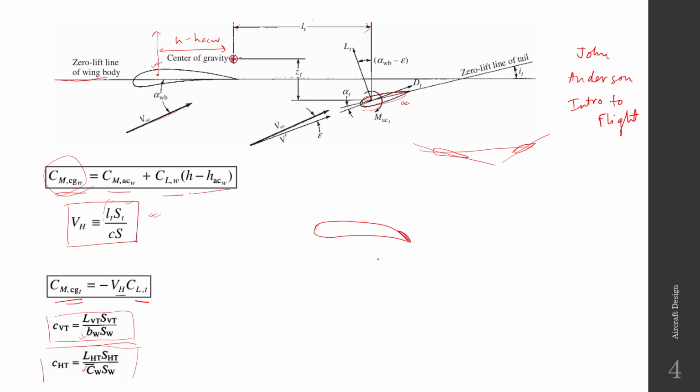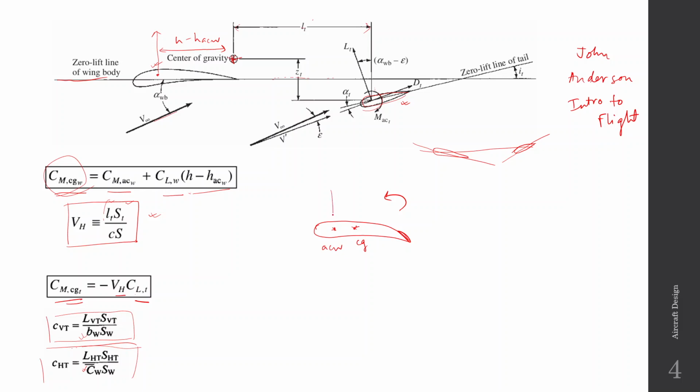But a cambered aerofoil will have a quite high negative CMAC. The aerofoil itself produces a quite high negative CMAC, so we need to counter that a little bit. What we do is place the AC of the wing a little bit ahead of the CG. So if this is the CG, the AC of the wing is placed a little bit ahead of the CG.